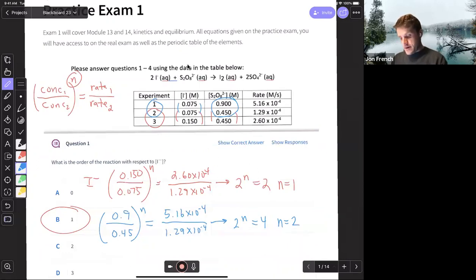So now we can have our rate law. Our rate law is going to say rate equals the rate constant times the concentration of iodine to the first, times the concentration of the sulfate containing compound squared. First order with respect to iodine, and second order with respect to the sulfate containing compound.